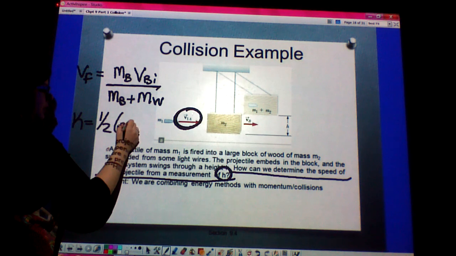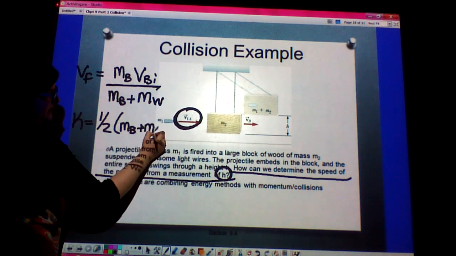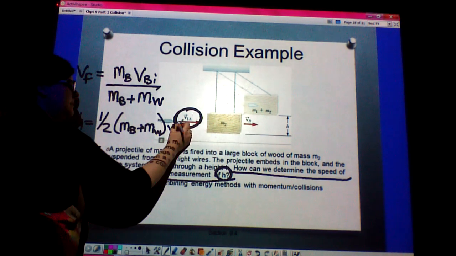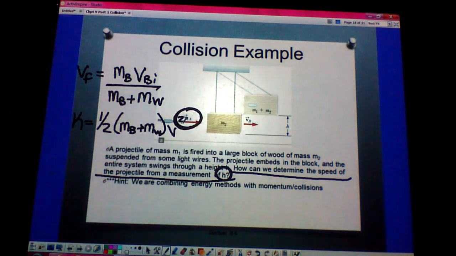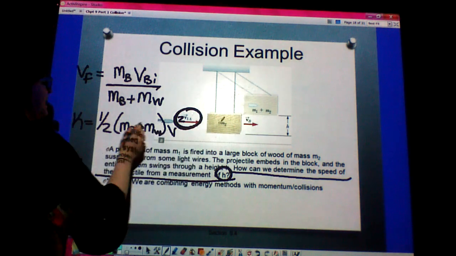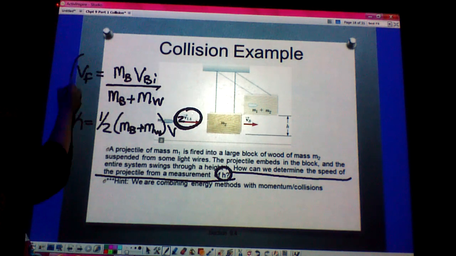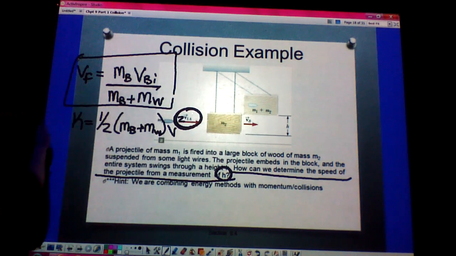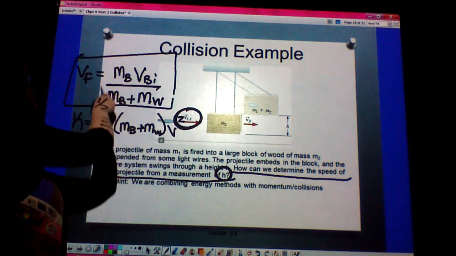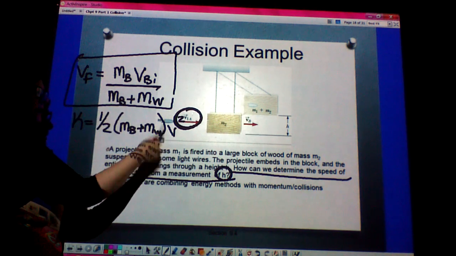So 1/2 times the mass of the bullet plus the mass of the wood together, times v squared. Ultimately, when this bullet comes in here and they're moving together at a certain velocity, I know this velocity is this final velocity that we just wrote up here. So I want to substitute this in for v right here for kinetic energy.